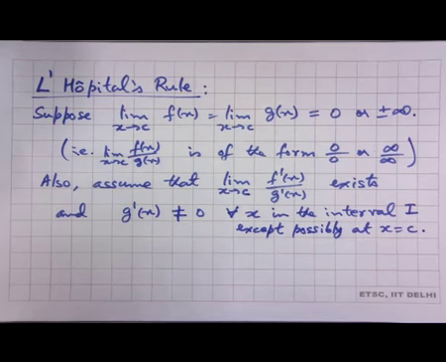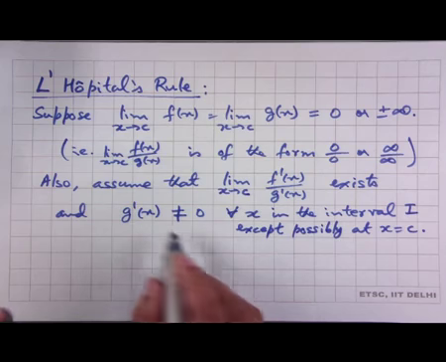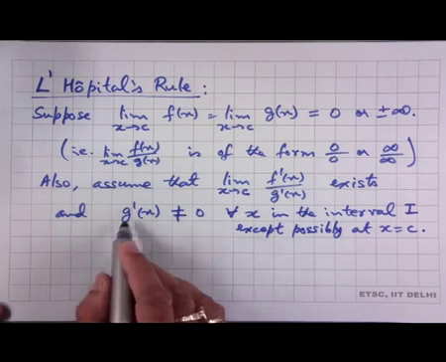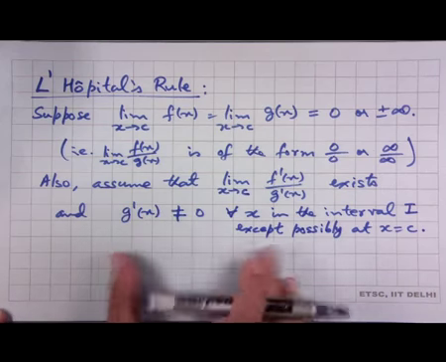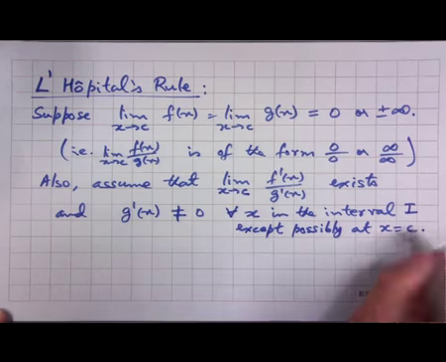So, we assume that there is some interval in which g prime is non-zero for all x in that interval except maybe at c.